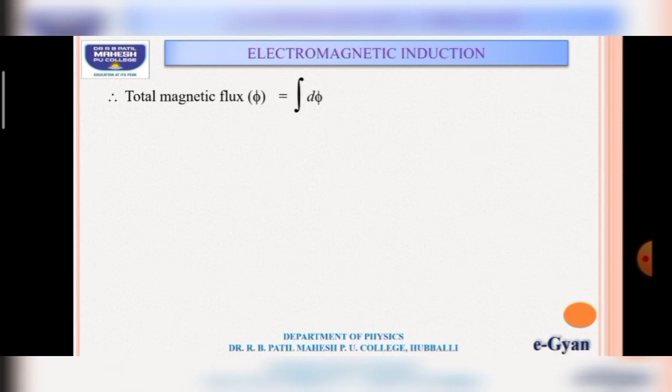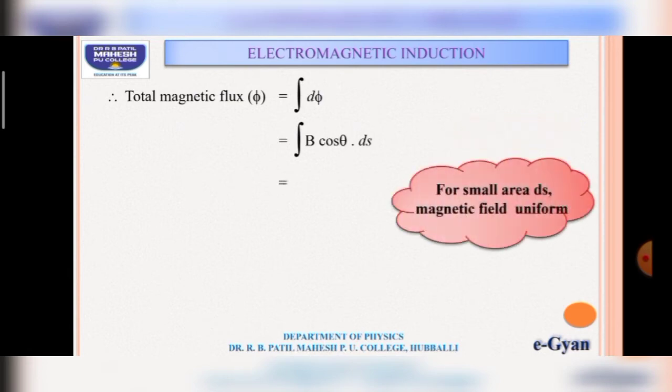I am expressing that in terms of integration, that is equal to the integration of B cos theta into dS. Here magnetic field is constant, and if I consider the angle also constant, then what is changing here? dS is changing. Therefore integration is applied for dS.